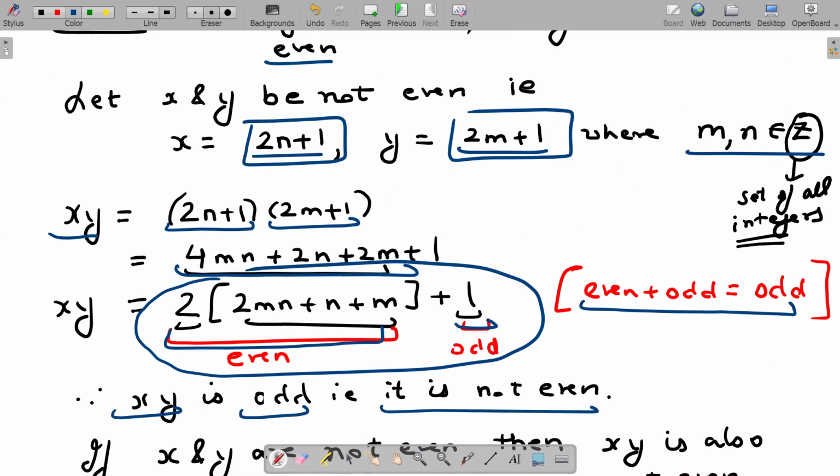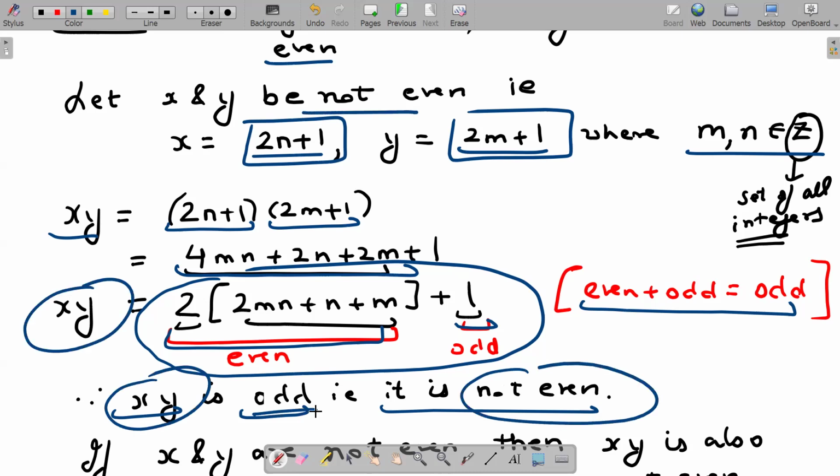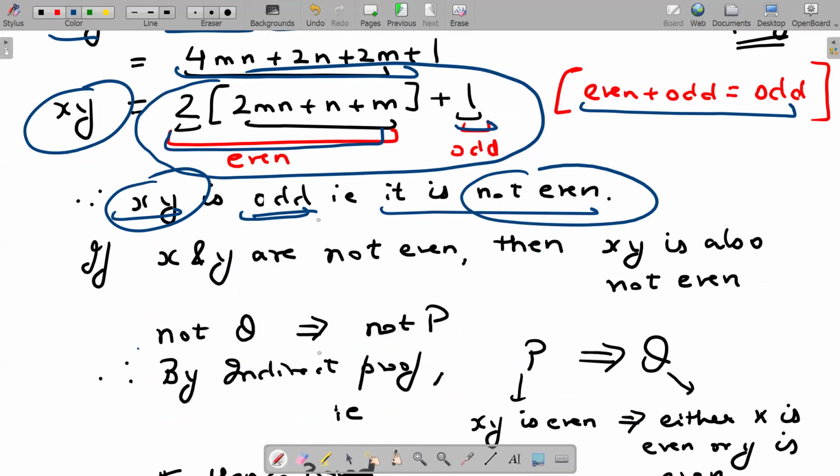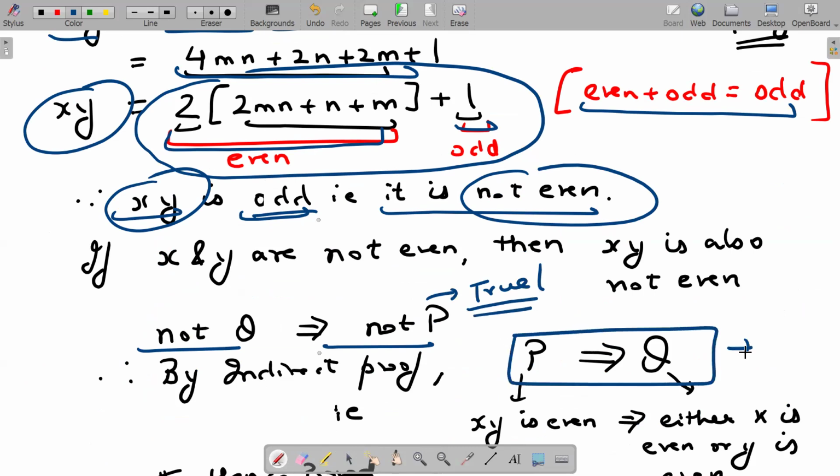So I have shown that if x and y are not even, then x into y is also not even, it's odd. That means I have shown that not Q implies not P is true. If that is true, it means P implies Q is also true, where P is x into y is even and Q is either x is even or y is even.